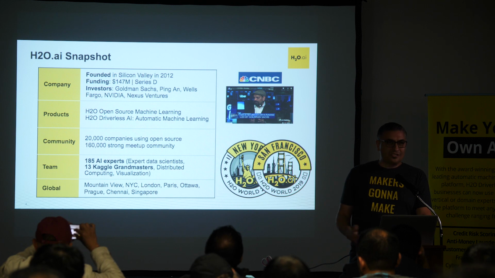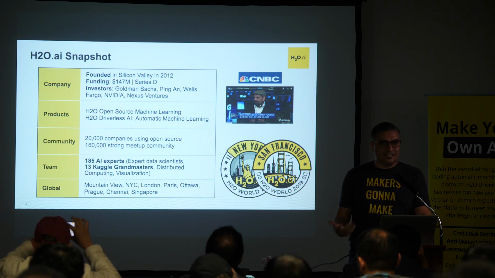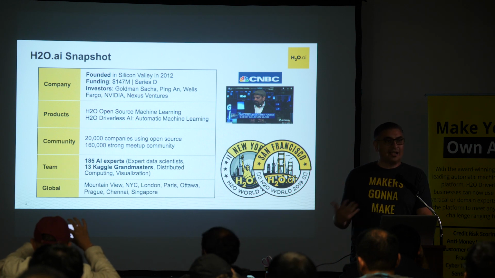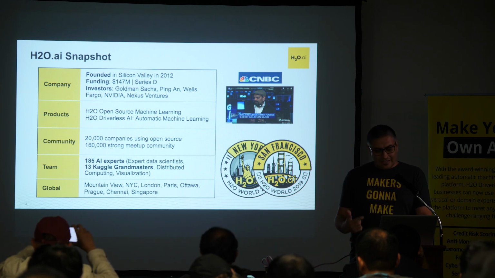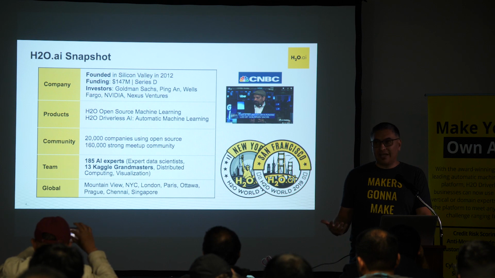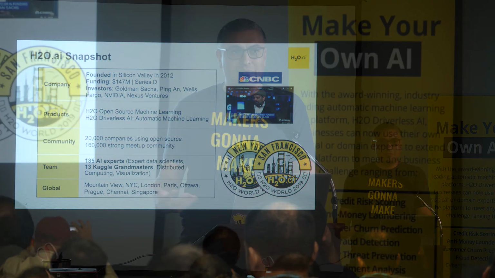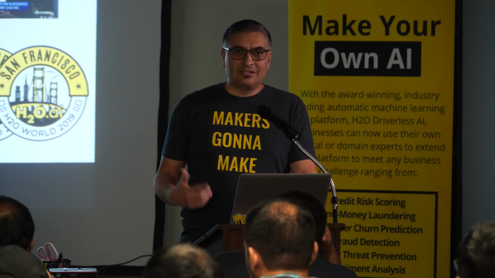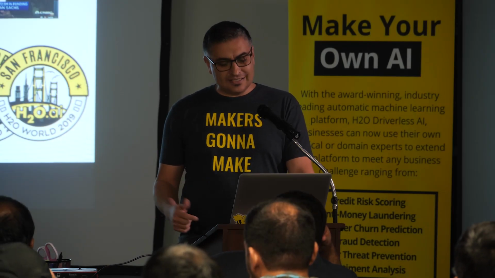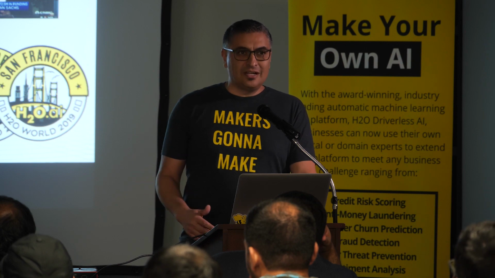Our open source is used by hundreds of thousands of data scientists around the world. Our company currently has about 185 people. Interesting factoid, at the moment we have 13 Kaggle Grandmasters. So we have 10% of the world's Kaggle Grandmasters working here at H2O.ai. We also have a whole collection of expert data scientists here, and we have offices around the world.